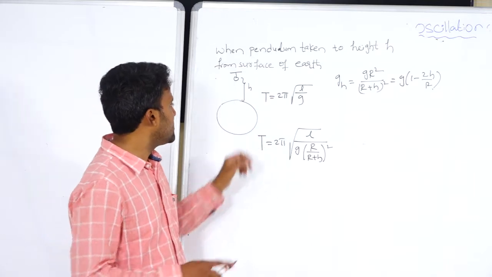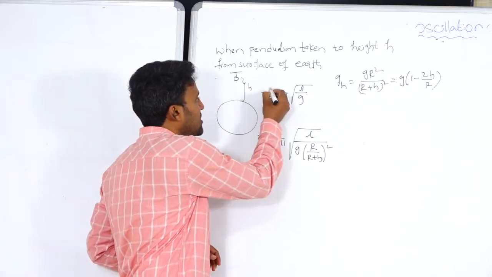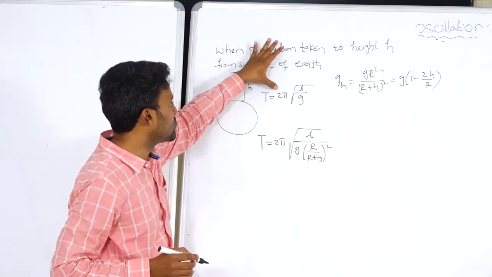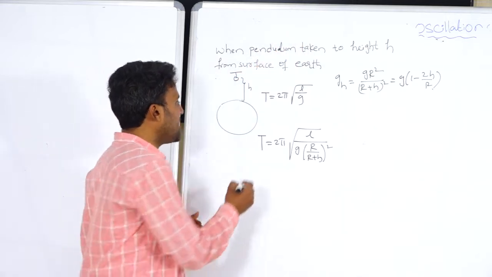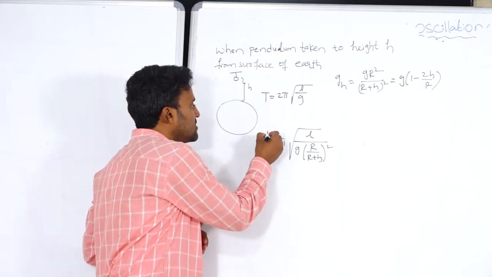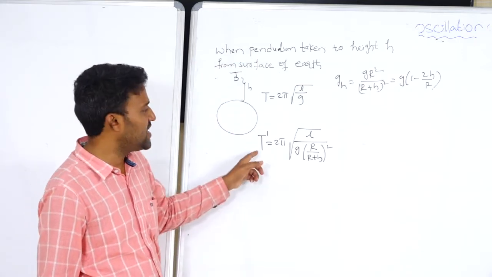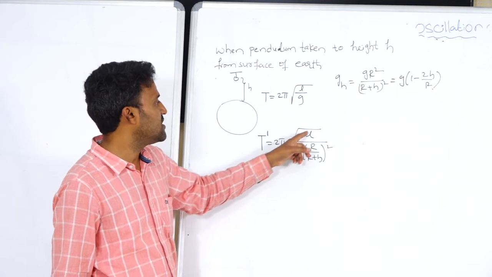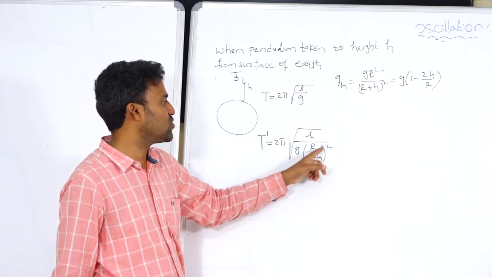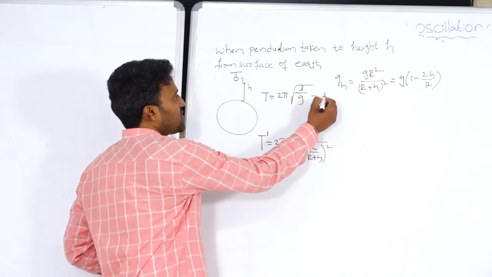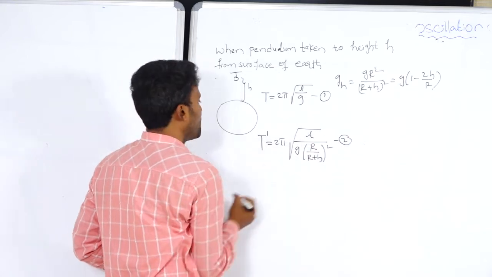So I am writing time period on the earth surface, T is equal to 2 pi under root of L by g. Time period at a certain height, T dash is equal to 2 pi under root of L by g into R plus H whole square. Now this is equation 1 and this is equation 2.